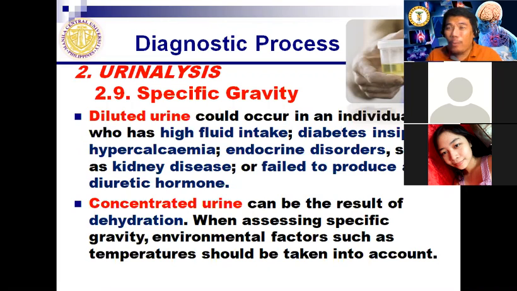If there is a problem with antidiuretic hormone, there is no control in the fluid. It will just excrete freely, and chances of electrolyte imbalance. So this is a diluted urine. Too much dilution of the urine is an indication of endocrine disorders such as kidney problem or problem with antidiuretic hormone, which is the diabetes insipidus.